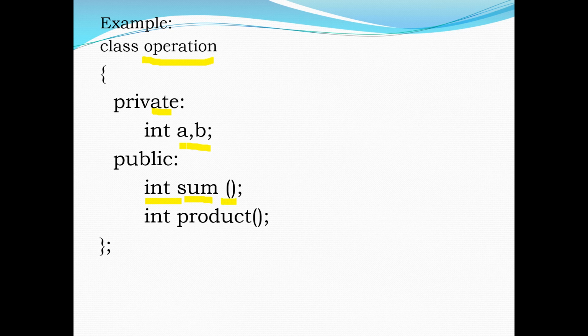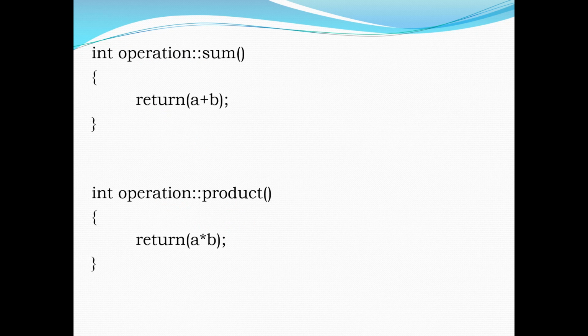A normal function will not have any semicolon, but here, when you want to define it outside the class, the declaration will end with a semicolon. Here I have two member functions, sum as well as product. So this is considered a normal function declaration inside the class.